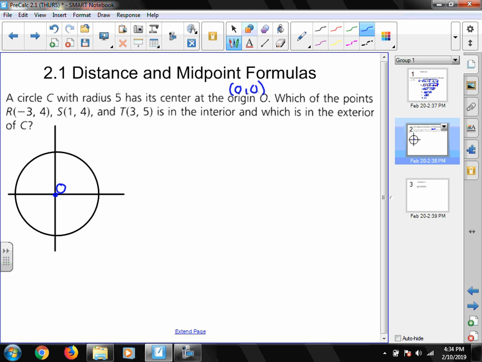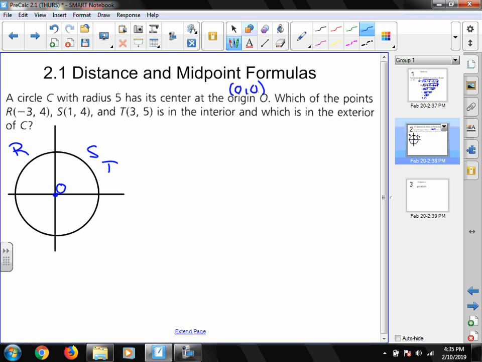So I have points R, which is somewhere in this quadrant, and S and T are both over in quadrant 1 here. We need to figure out if they're in the circle, out of the circle, or if they happen to be right on that circle.